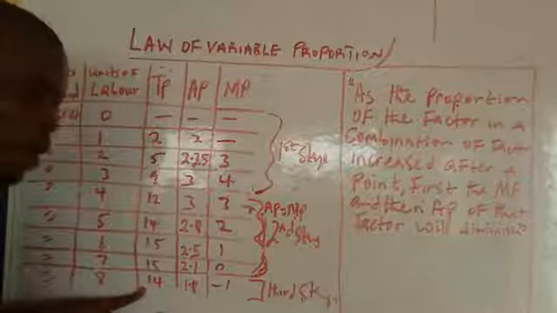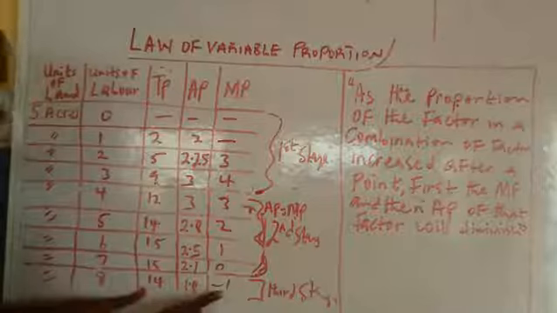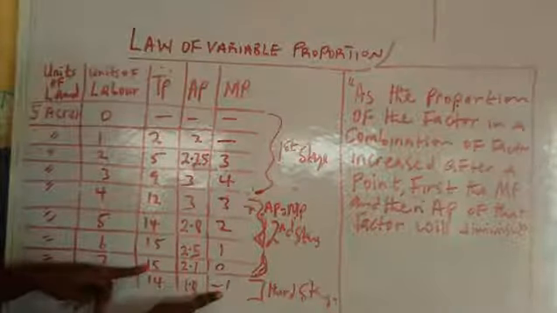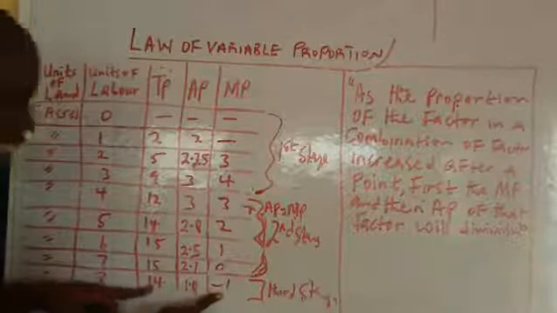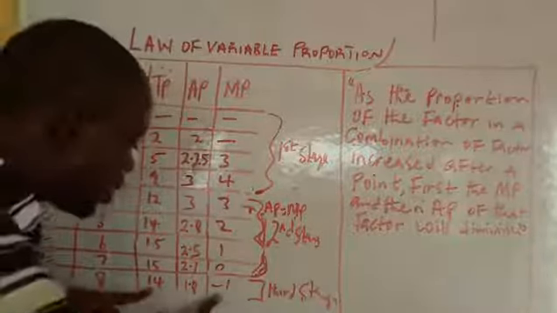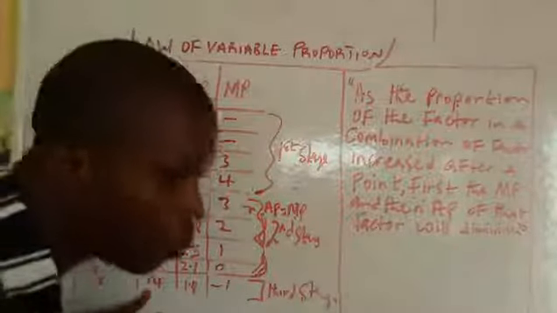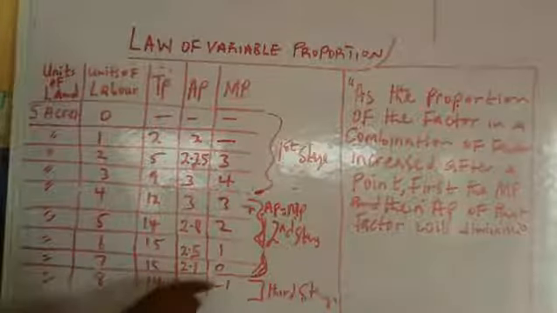The laborers are not even able to work like before. Then instead of maintaining their 15 units, they are now producing 14. They are reducing. The total product is now reducing. When the total product starts reducing, the profit is now being affected, because this is not ideal. So this is the second stage.